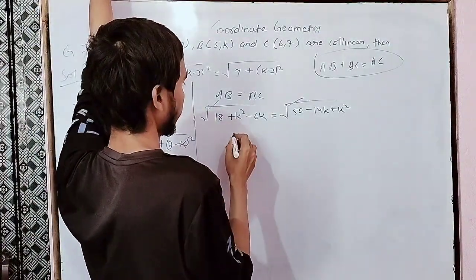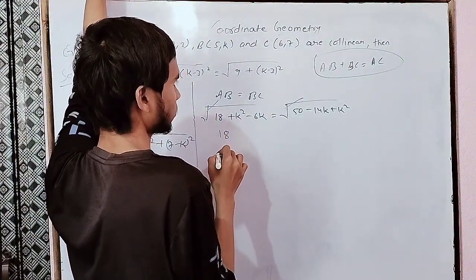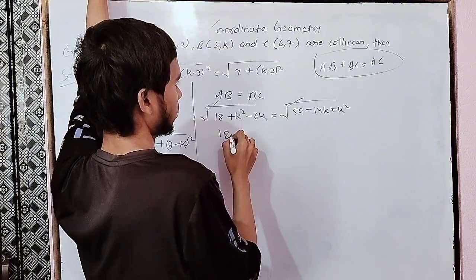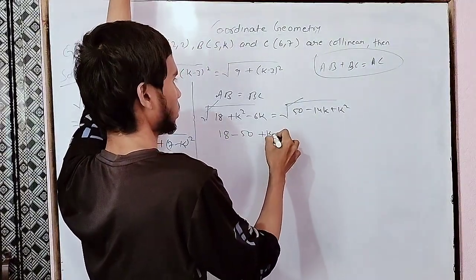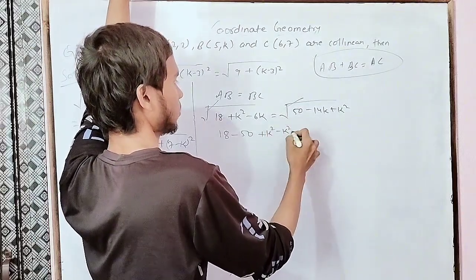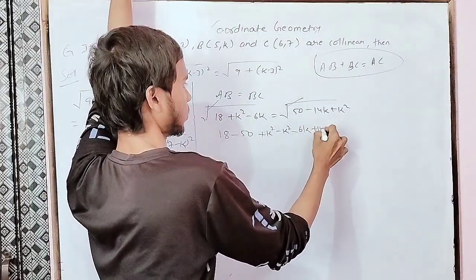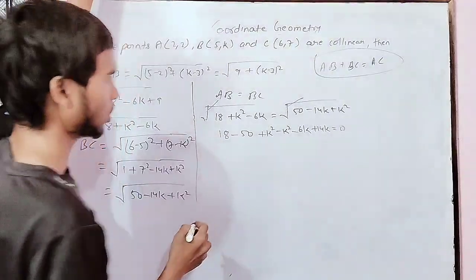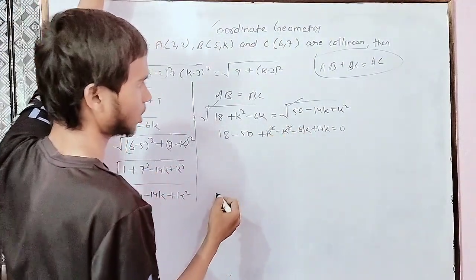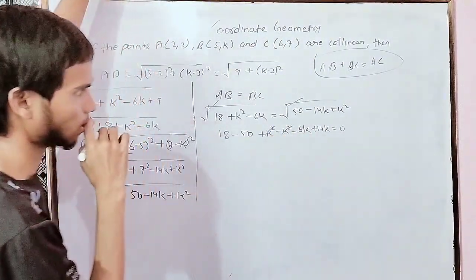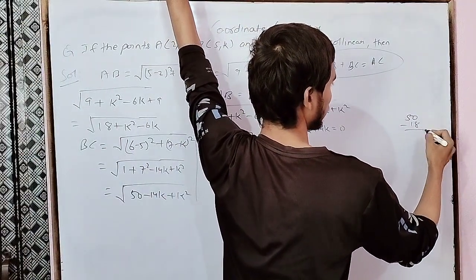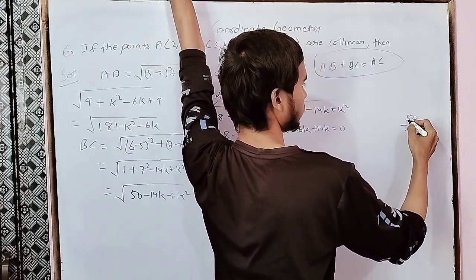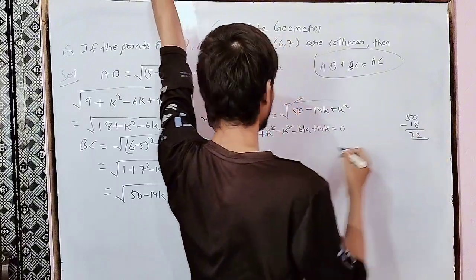Now what else? 18 minus 50, and k square minus k square cancel, and minus 6k plus 14k will become 8k.